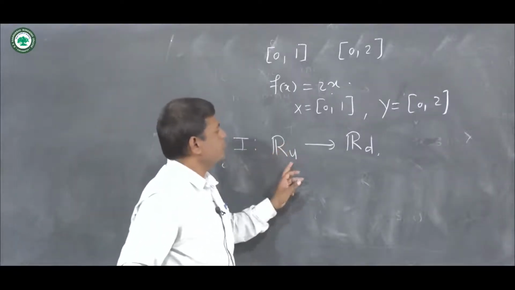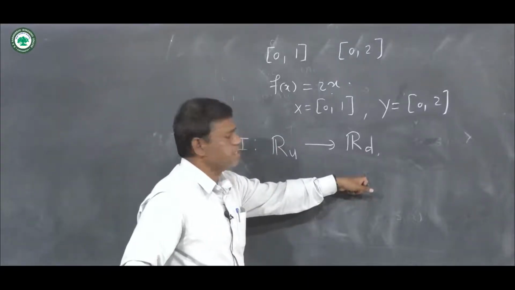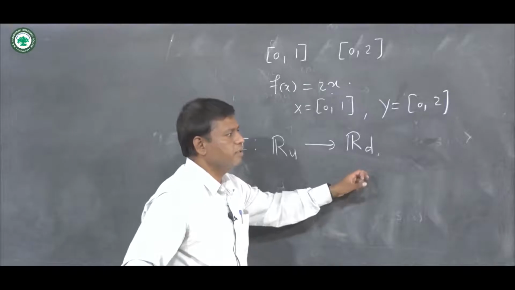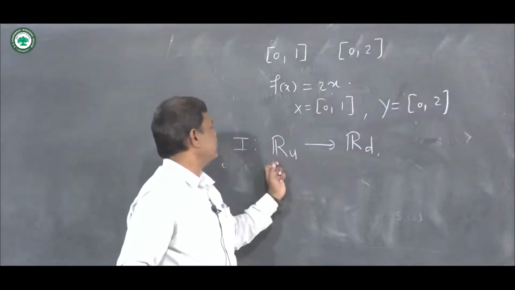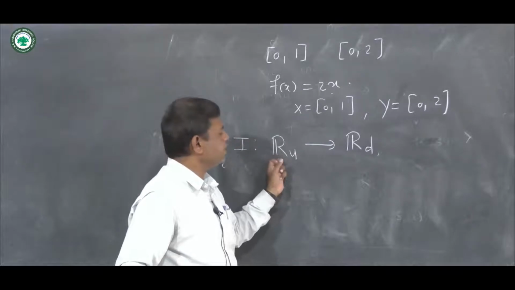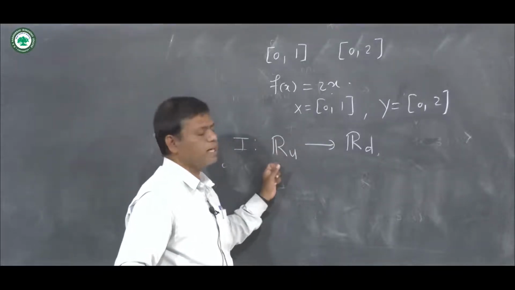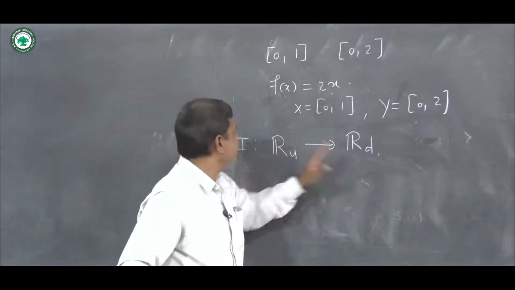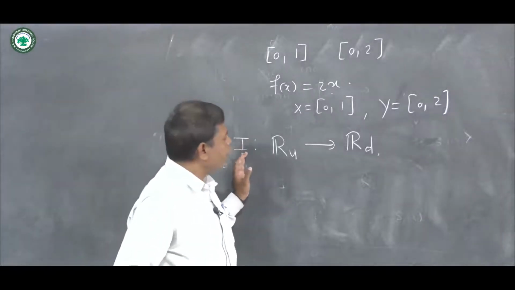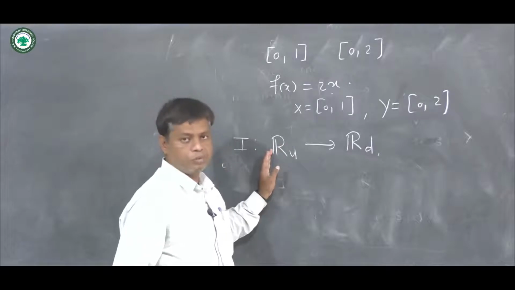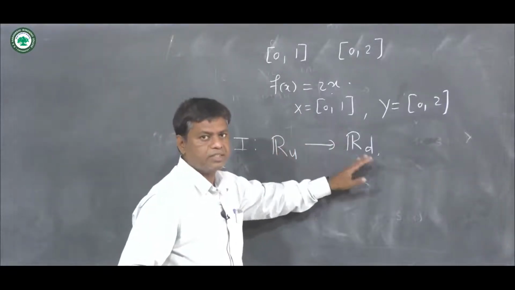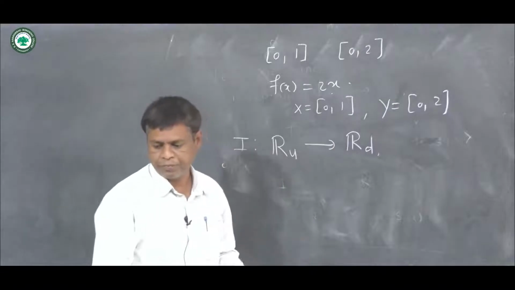This is because singleton sets are open in this case, and their inverse image under the identity function is again a singleton set, but singletons are closed in the usual metric. So in this case the function is not continuous. Therefore these two spaces are not homeomorphic. So remember that R with the usual metric and R with the discrete metric are not homeomorphic.